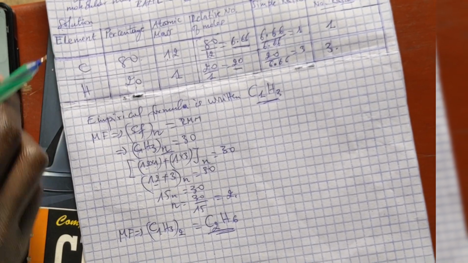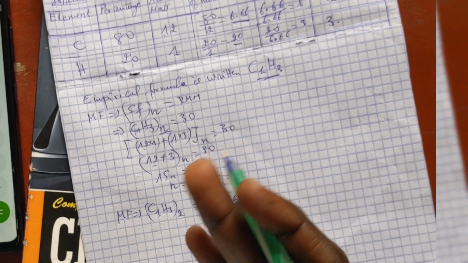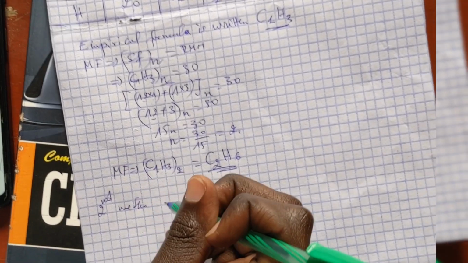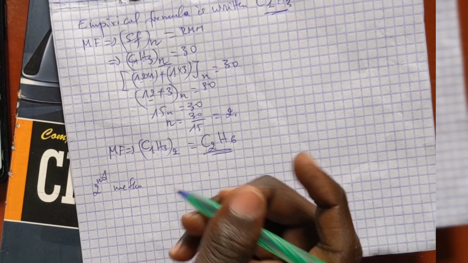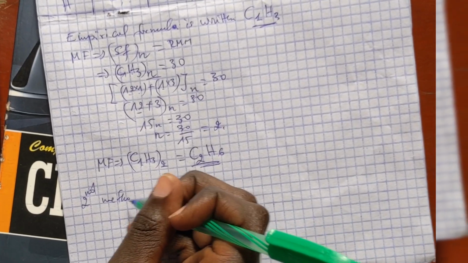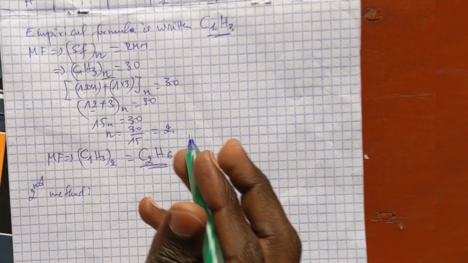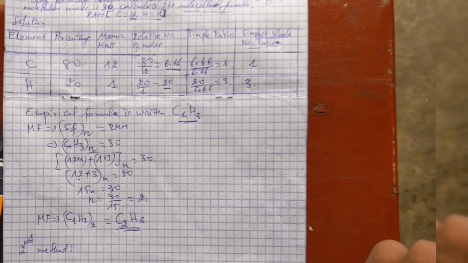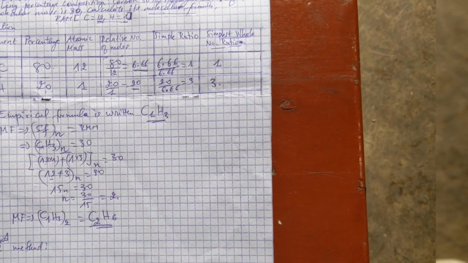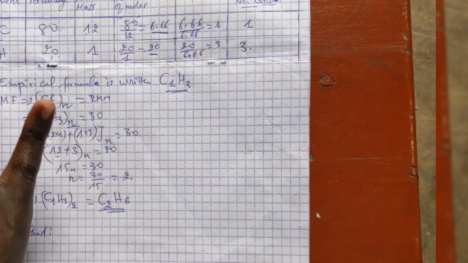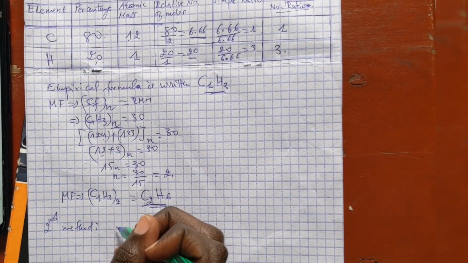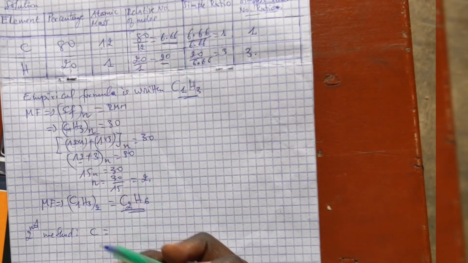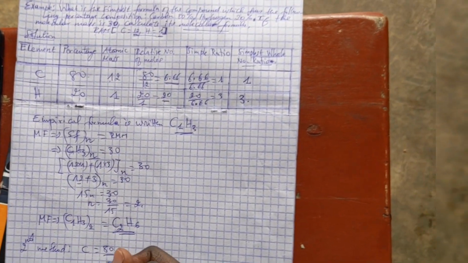The second alternative method is quite straightforward and easy for anyone. In the second method, we calculate the molecular formula first, and the empirical formula after. We take carbon, which has 80%.